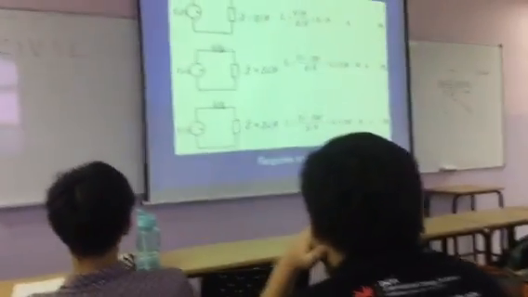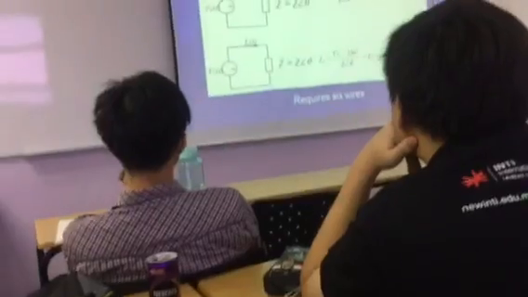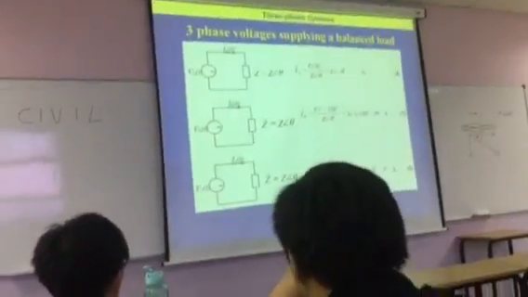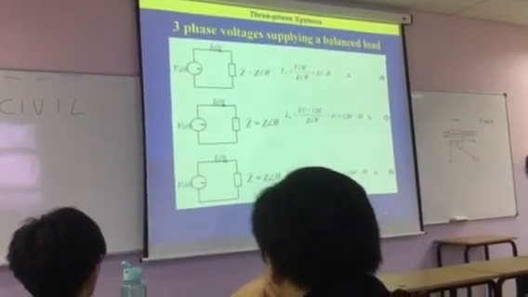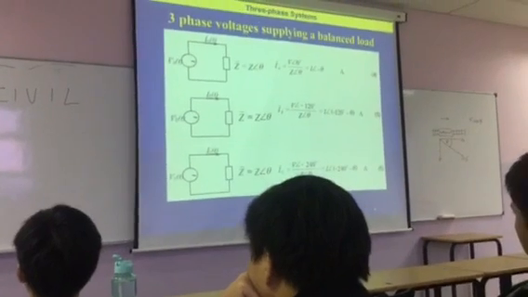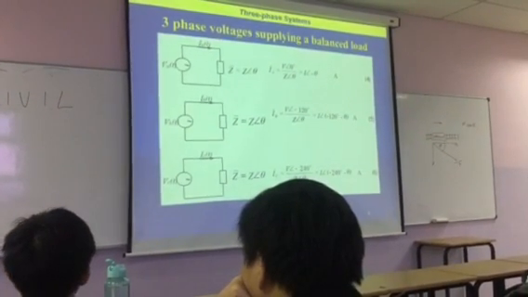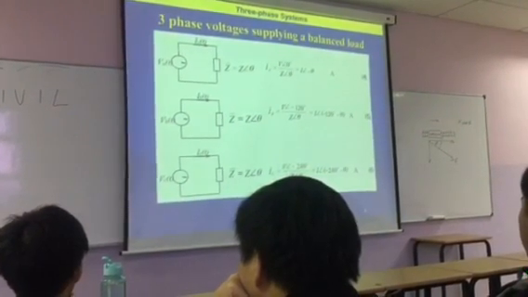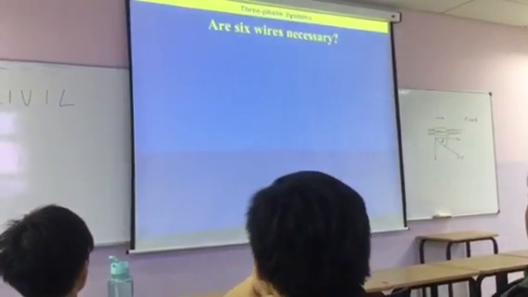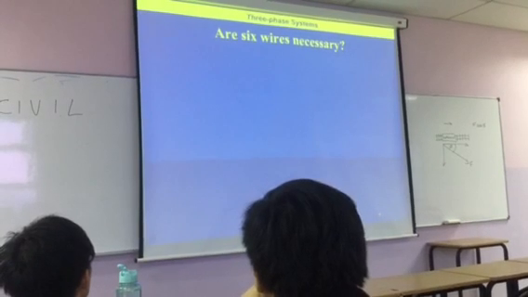One of the limitations of this first arrangement is it requires 6 wires for the system. Now 6 wires is not very efficient, so if in our 3-phase circuit we can reduce the number of wires, we can reduce the cost. So standard 3-phase circuits don't use 6 wires. The question is, are 6 wires necessary?